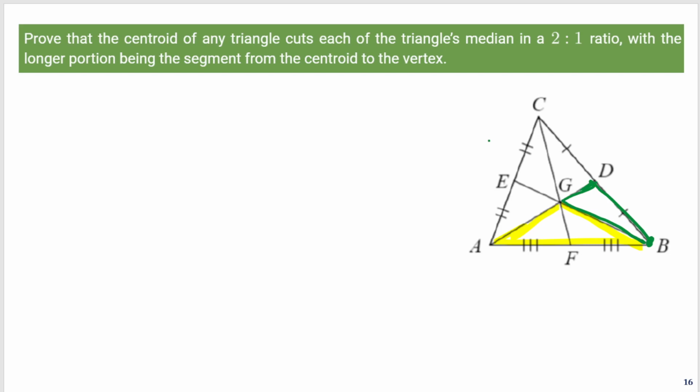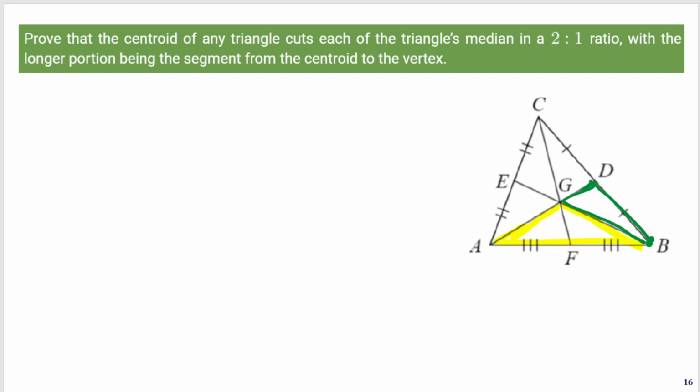And we know the ratio of the two areas is 2 to 1, right? So what does this tell you? This tells you the bases should have a ratio 2 to 1, right?